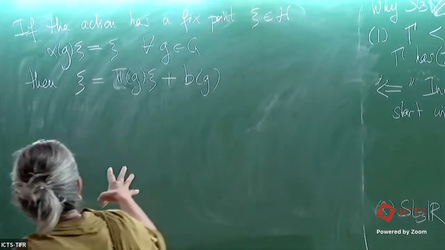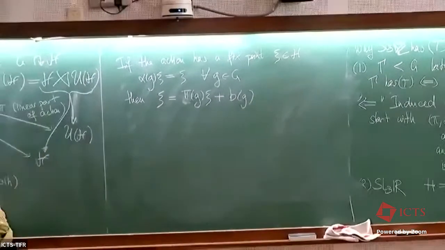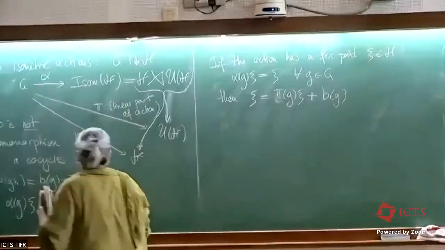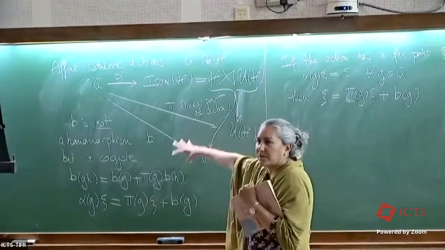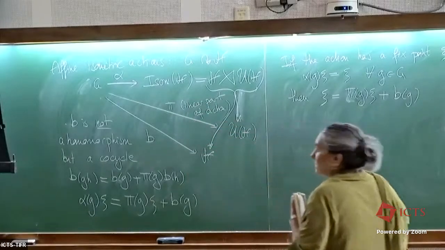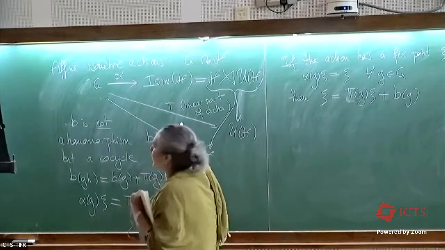Oh yeah, I didn't tell you that the action alpha is given by pi of g applied to c plus B of g. This is really just spelling out whatever's in here. Pi is a unitary representation.